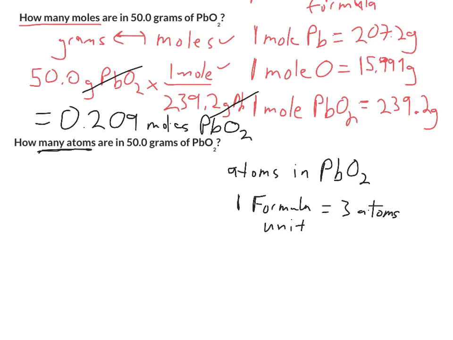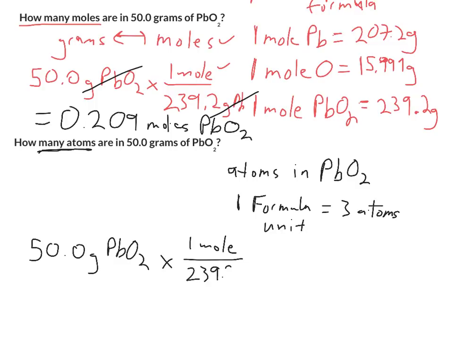Borrowing from above, 50 grams of PbO2. The first step is identical. 1 mole of PbO2 weighs 239.2 grams. We also know that 1 mole of anything is Avogadro's number.